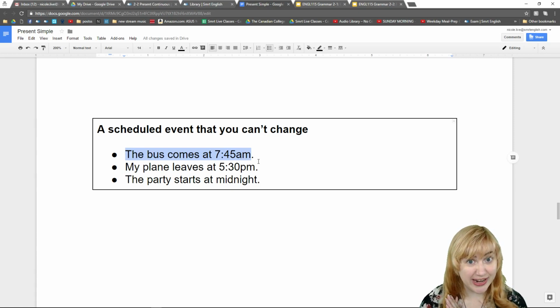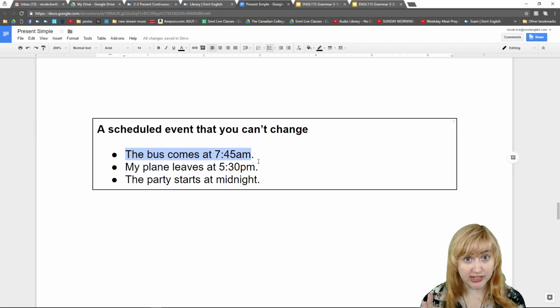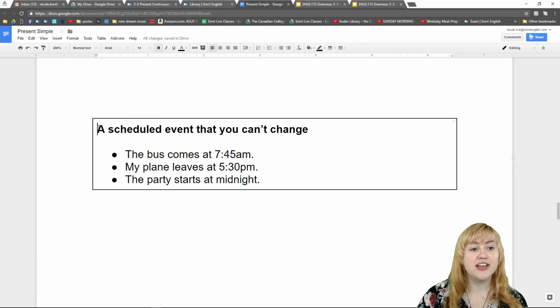And that's a little strange, I know. You can use present simple to talk about the future if you're talking about a scheduled event that you can't change. Okay, again, that's higher level stuff, but I just wanted to add it.